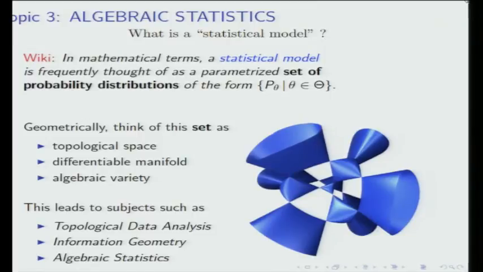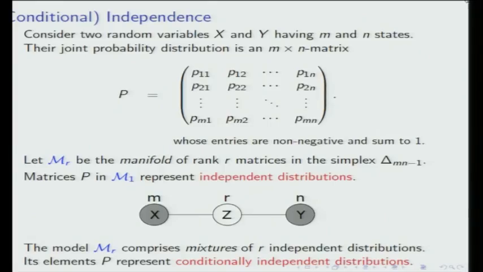One of these perspectives is that of algebraic geometry, of nonlinear algebra, and that's algebraic statistics. So let's look at two discrete random variables, X and Y. X has m states, and Y has n states. If you have a joint distribution for these two random variables, you can write it as an m by n matrix of non-negative real numbers whose entries sum to 1.